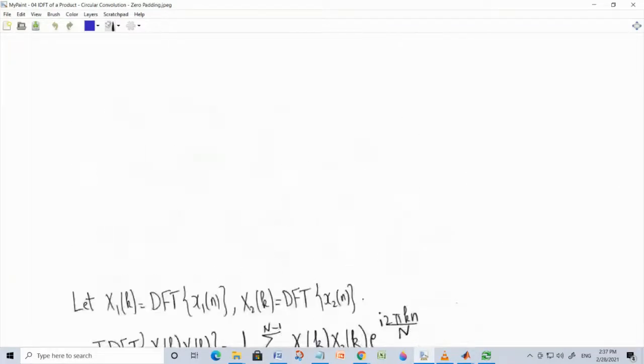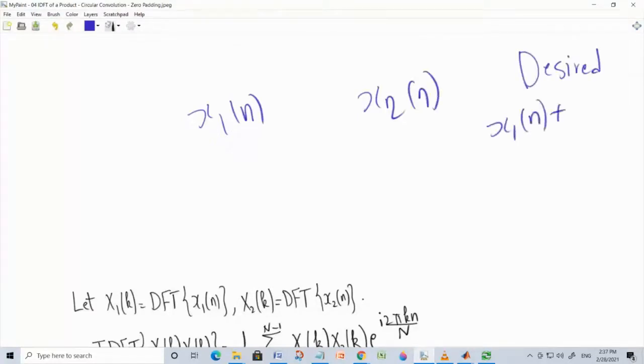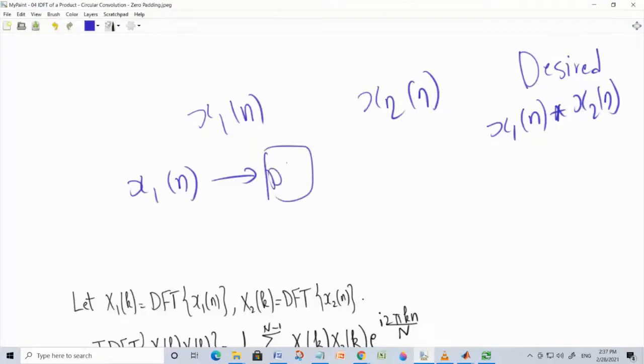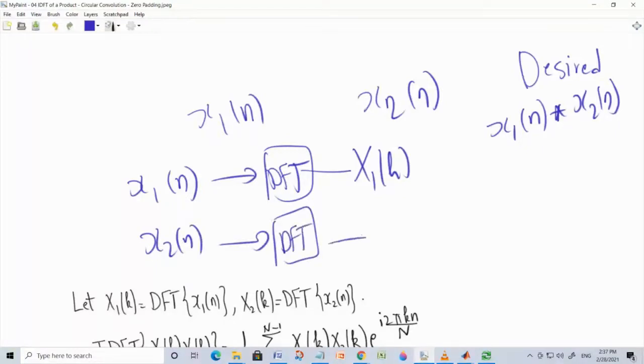So typically you have signals x1[n] and x2[n], and the desired output is x1[n] convolved with x2[n]. What you can do is take x1[n] and DFT it, and you get X1[k]. You take x2[n] and DFT it, and you get X2[k].